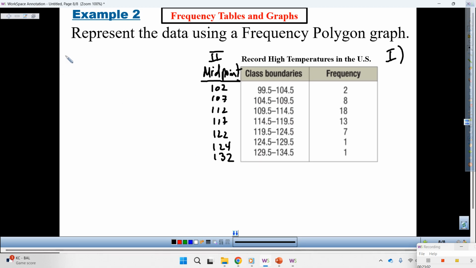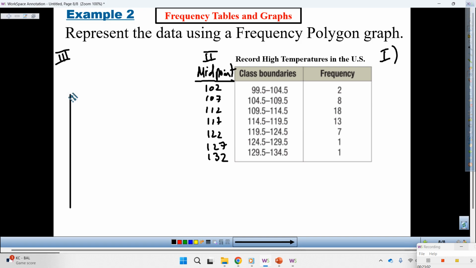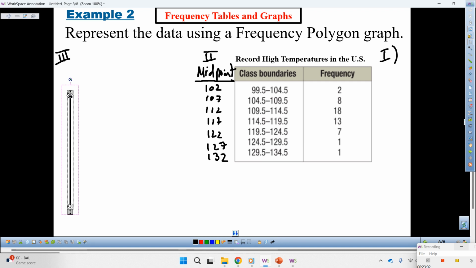Step 3, we're going to make our graph. Here we go. There's 127? Yeah, I did that on purpose, see if you guys were paying attention. Nice. 127, my bad, there it is. All right. Where was I? Oh, our graph. Here we go. Stretch this a bit.